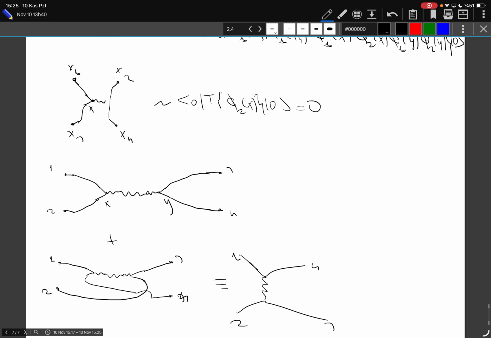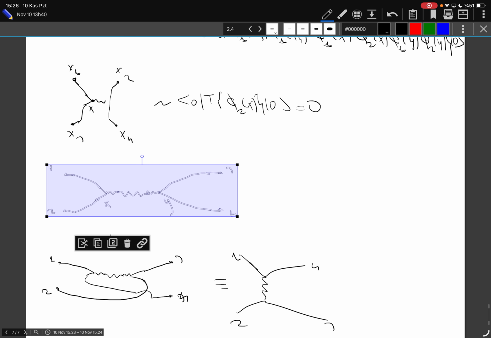Well, you see, for example, if we look at this diagram, I said that, okay, I can connect 1 and 2, both of those particles, to the fields at the point X. But I can connect 1 and 2 to the fields at point Y, and 3 and 4 to the fields at the point X. But it's basically the same diagram.